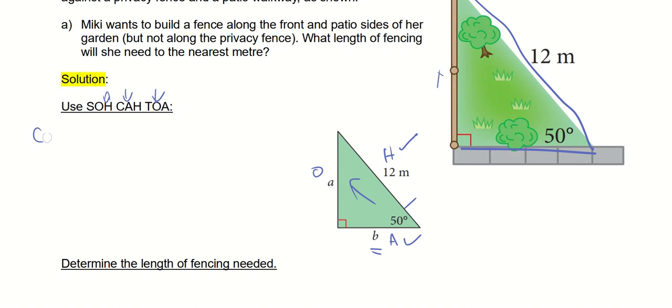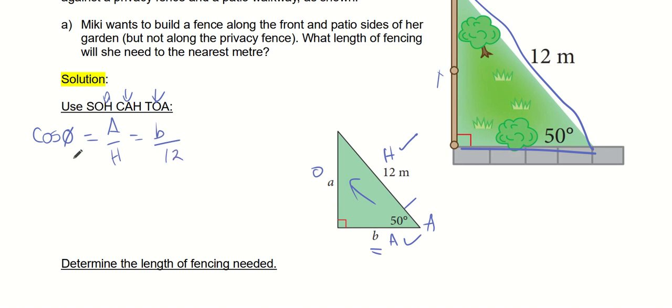We're going to use cos of the angle, which is A over H, because that's SOHCAHTOA. Essentially that's B over H, and H is 12.